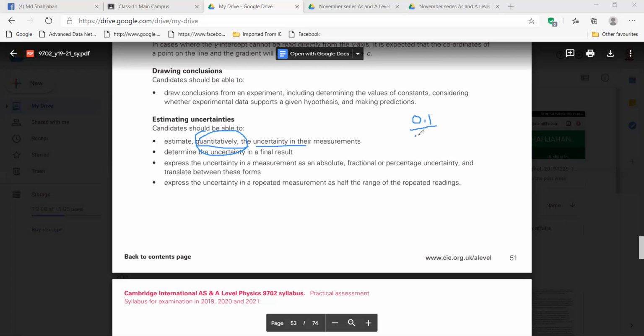I told you you measured 2.5 seconds, right? So the accuracy of the stopwatch is 0.1 second. So you have to divide it: 0.1 divided by the measured value, then multiplied by 100.